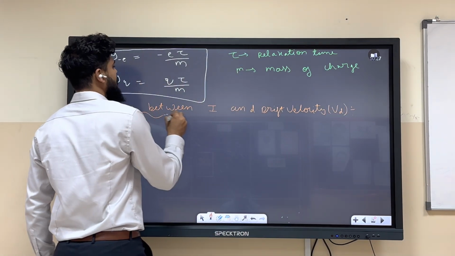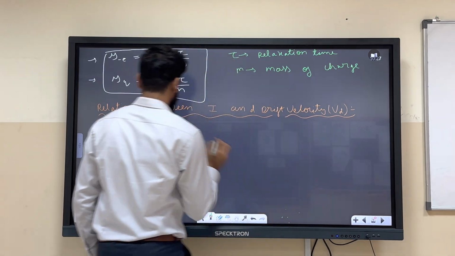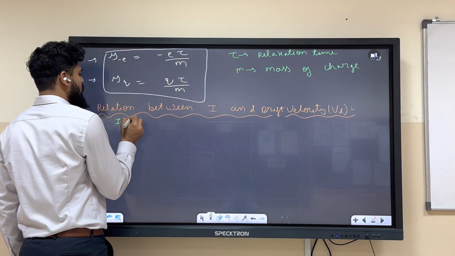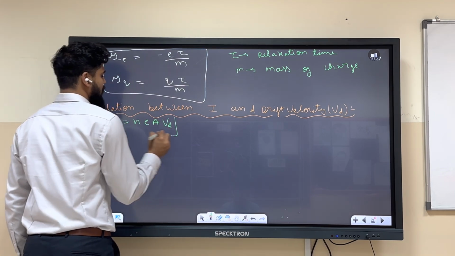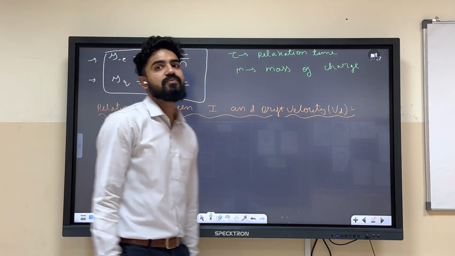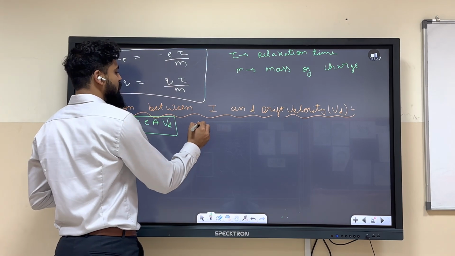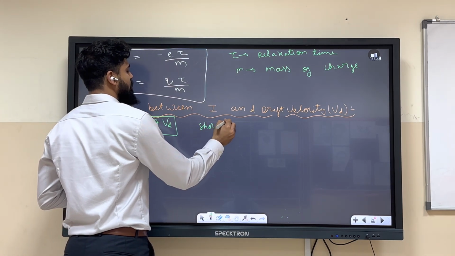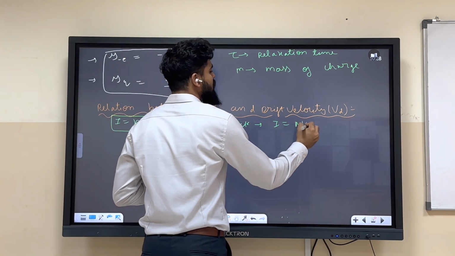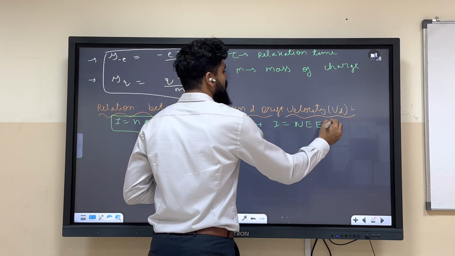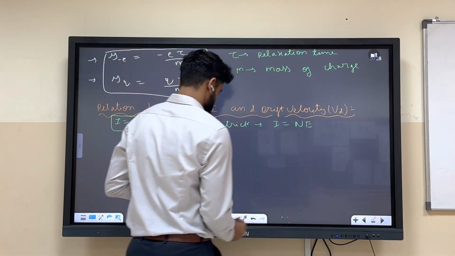Our final answer is going to come as NEAVD. We have to derive this: I equals NEAVd. I used to call it NEAT, NEAV. A short trick just to remember it: I equals NEAT.